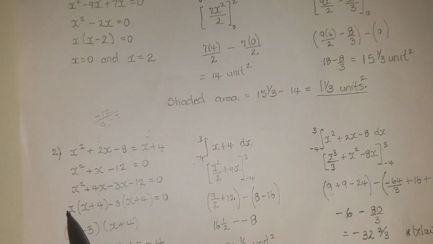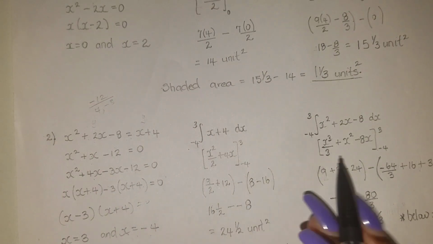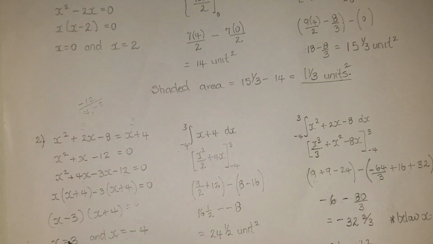Factor out an x that's common to be left with x plus 4. Factor out a negative 3 that's common to also be left with x plus 4 in the bracket. So now we have x minus 3 equals 0, which means x is equal to 3, and x plus 4 equals 0, which means that x is equal to negative 4. So right away we can see that our lower limit is negative 4 and our upper limit is 3.